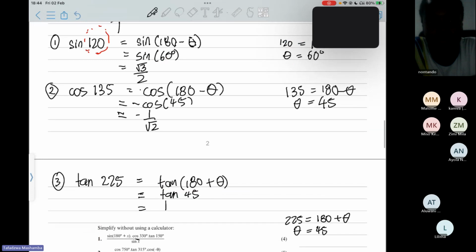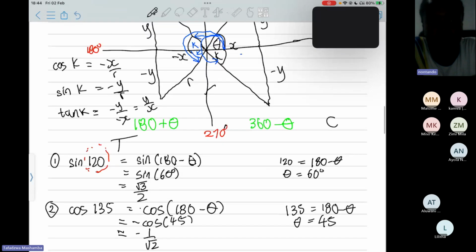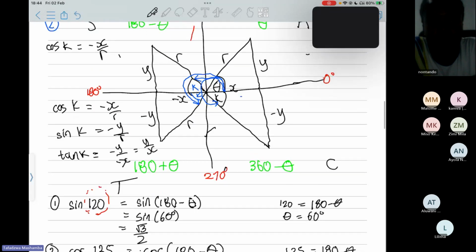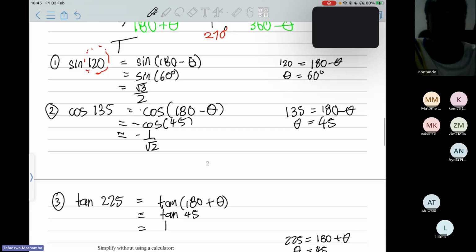Before we answer that one, let's go back to where we're solving the questions. Say we're given a question that's not within our boundary, because remember here we're working from 0 to 360. So we're given now 590 or something like that, something above 360. When you're given something like that, you always subtract 360.